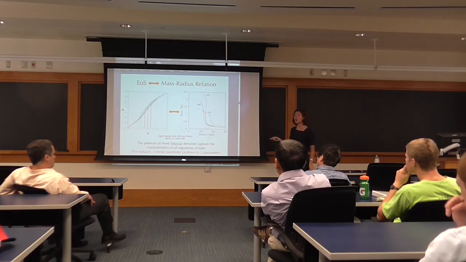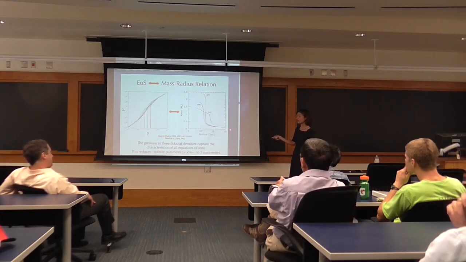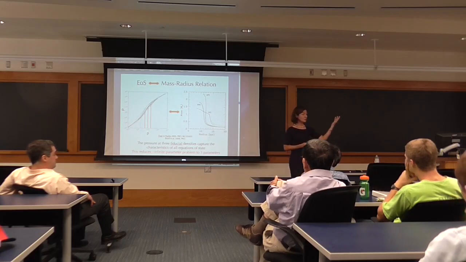So, for each one of these we can produce a whole curve. There is no hope that we will find neutron stars that line up on this curve so that we could hope to have a complete inversion to the equation of state. Luckily, we don't need it.